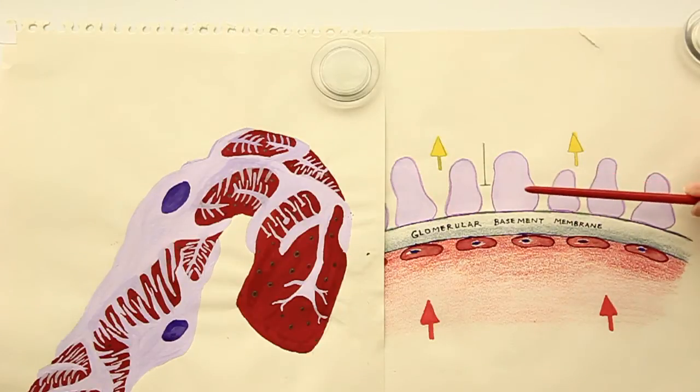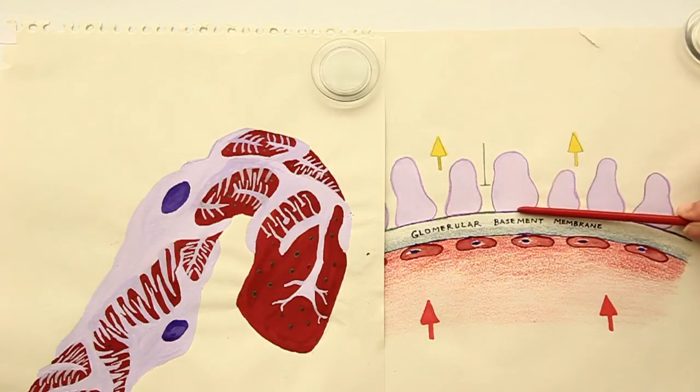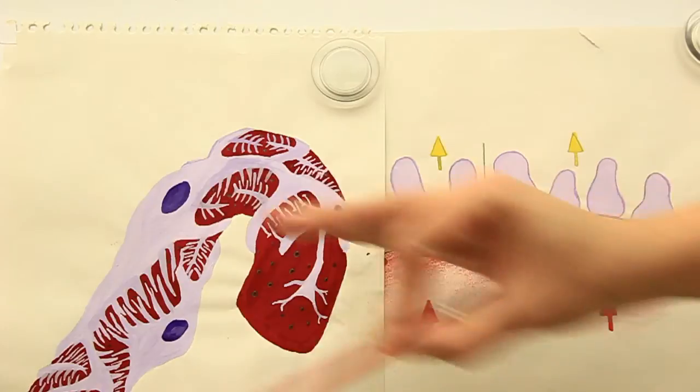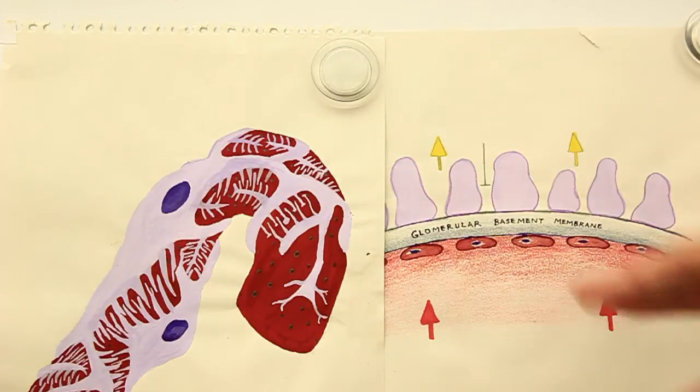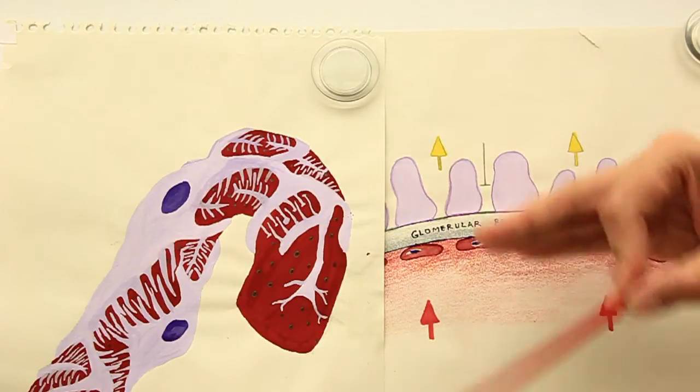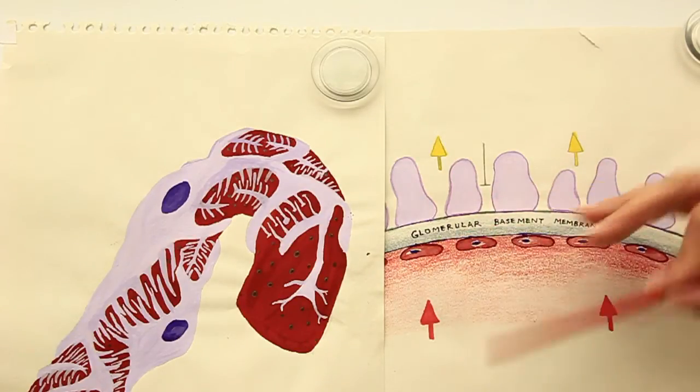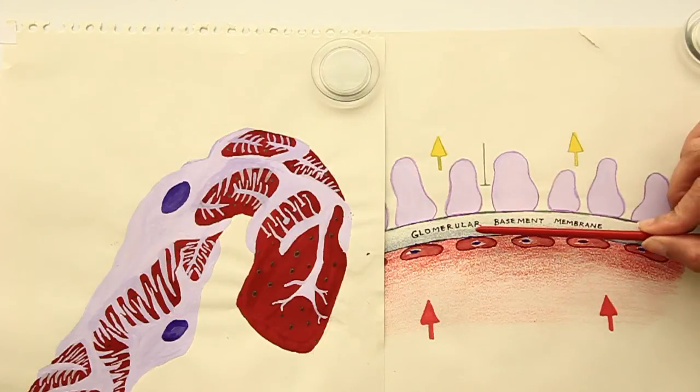So a membrane which is a part of the visceral layer of Bowman's capsule, which is holding these podocytes, and the membrane upon which the simple squamous cells of the endothelium are resting, that is the capillary basement membrane.